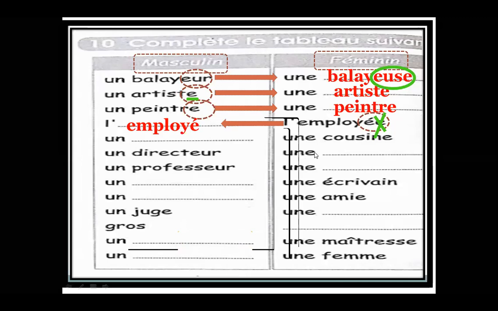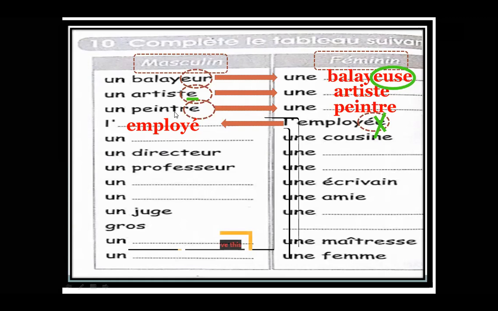In cuisinière. What will we do to this noun? Muhammad. You want to answer? Yes. I make it in the book.